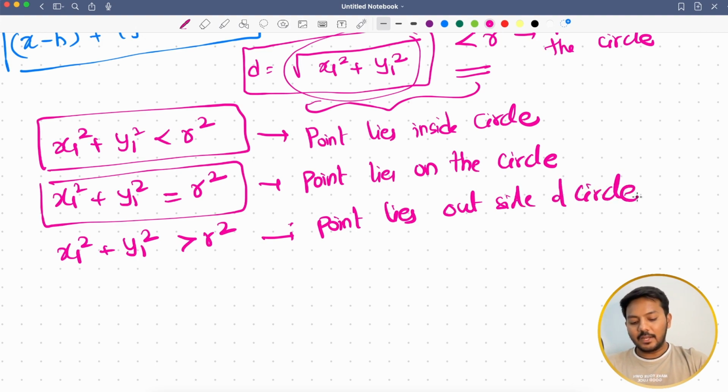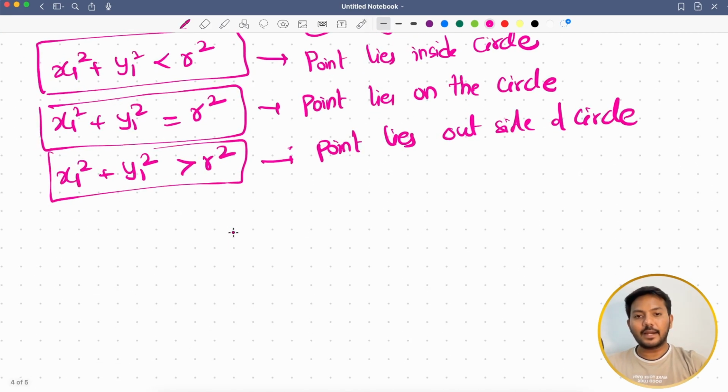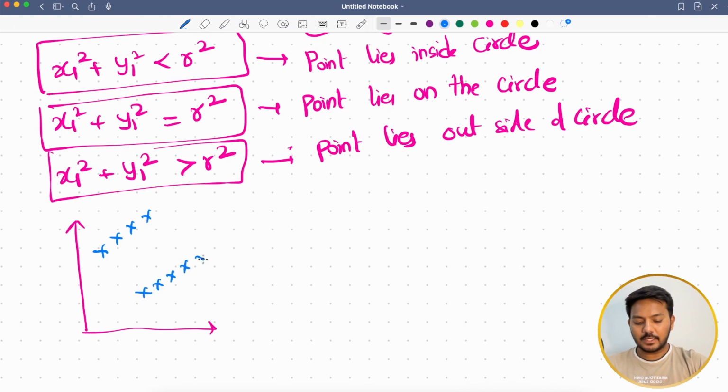Why are we calculating all of these things? We need to understand the intuition. In the previous example, we always drew a straight line to separate the points, and we calculated whether a new given point p is on one side or the other side of the line.